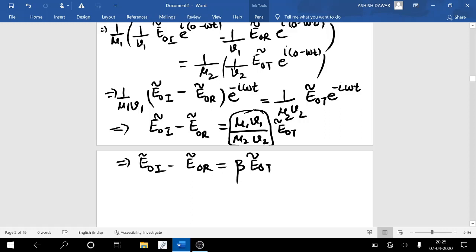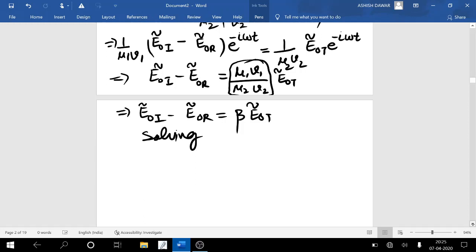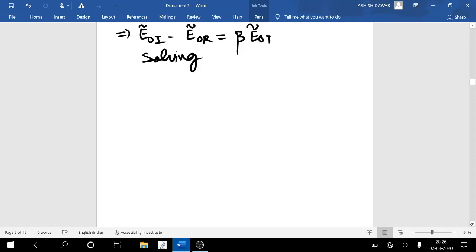Now we are solving these two equations. First equation is E0I plus E0R equals E0t.